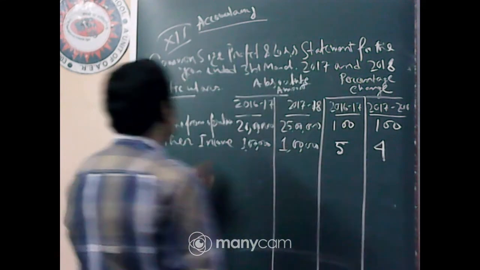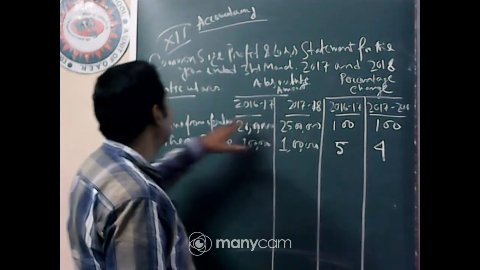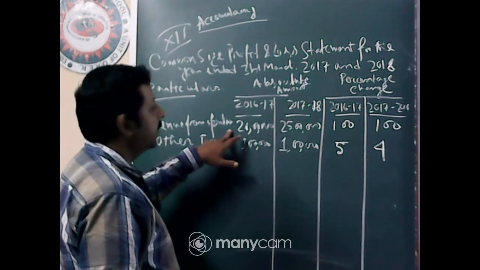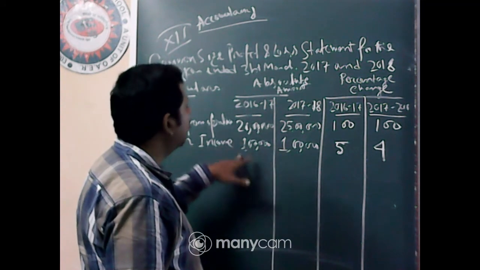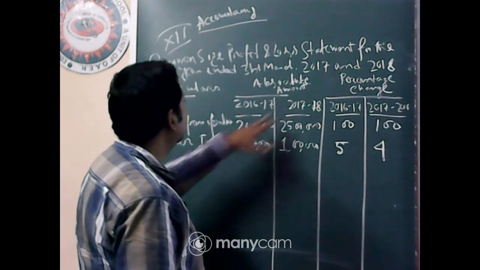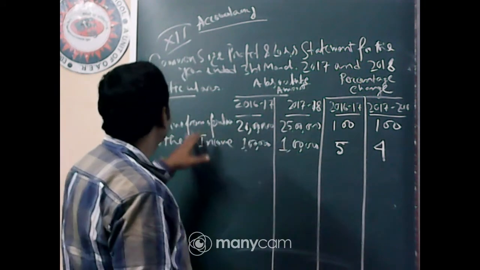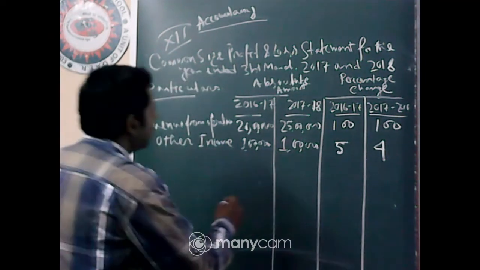It means other income is 5% of net sale. Okay, 5% other income is there in 2016-17 and 4% other income is there in 2017-18 as of revenue from operation.